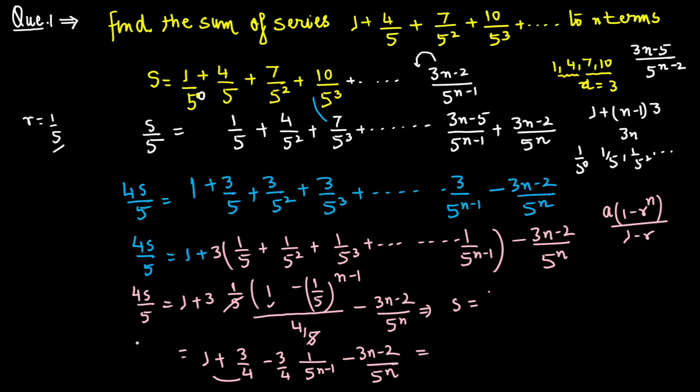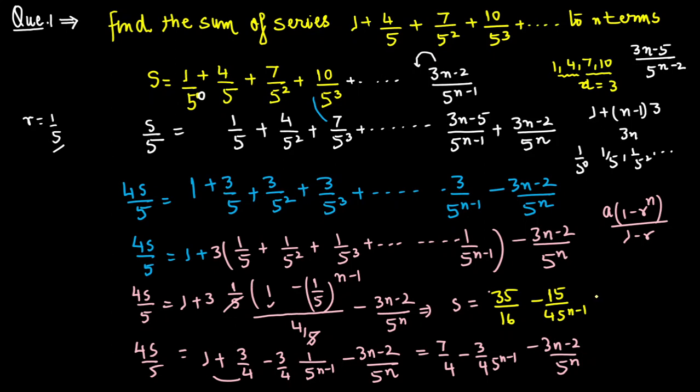Let me write first this 4S by 5, and this becomes 7 by 5 times 4, minus 3 by 4 times 5 to the power n minus 1, minus 3n minus 2 divided by 5 to the power n. So S will become 35 by 16, minus 15 by 4 times 5 to the power n minus 1. You simplify it by dividing with 5, and this becomes 5 by 4, 5 to the power n into 3n minus 2. You can further simplify it, or I can say this is the answer.